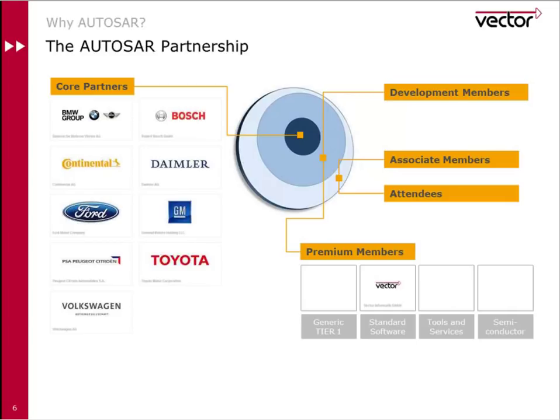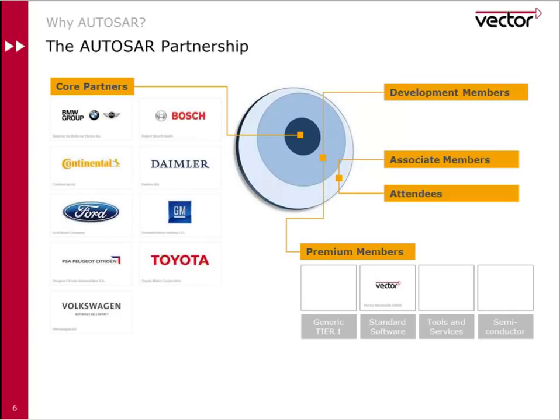The AUTOSAR partnership now consists of just over 200 members, and so far more than can be shown on this diagram today. It consists of various different levels of membership, starting with the core partners that you see here on the left-hand side, and they're essentially the founding fathers of the AUTOSAR partnership.